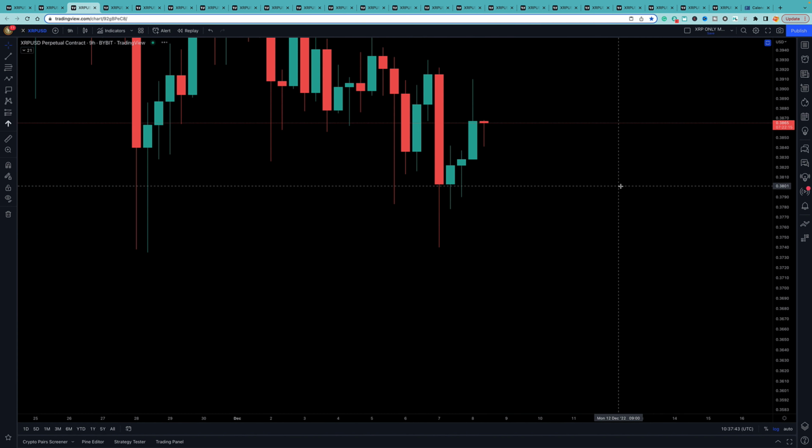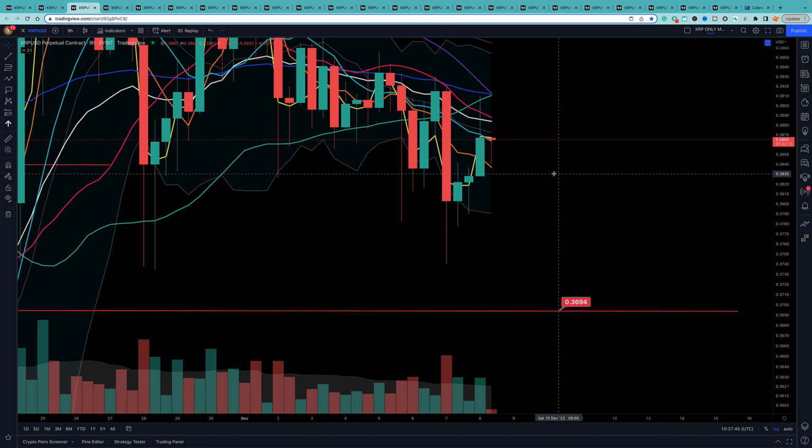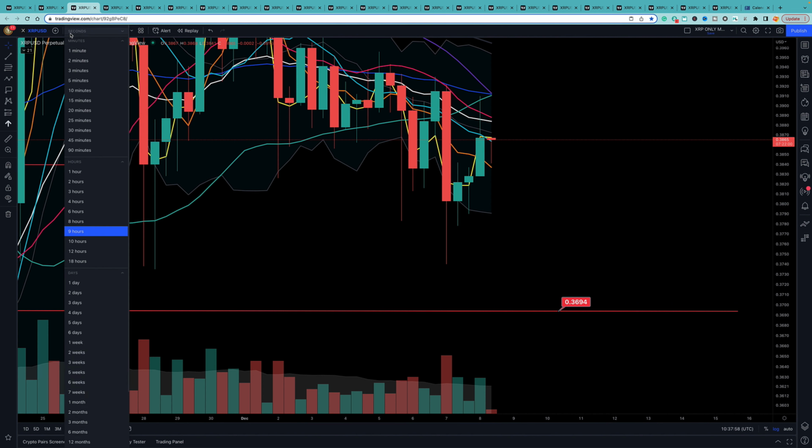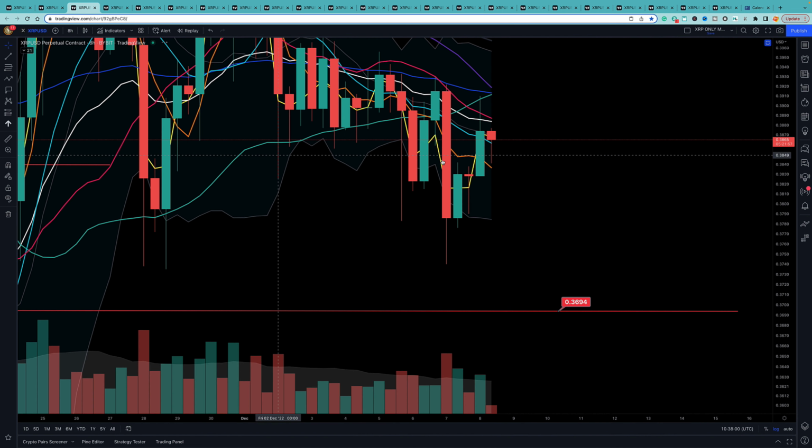Now if we have a look, going back into the 9-hour, the 5 is continuing down. It doesn't want to turn up, the 5 MA, because if the 5 turns up again, it's indicating that it wants to keep going up. So you can see the battle going on. Even though price action is going up, you see the pull down here, and it comes up, the pull down again.